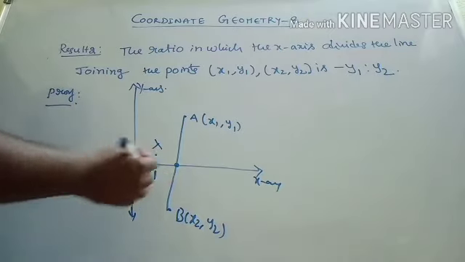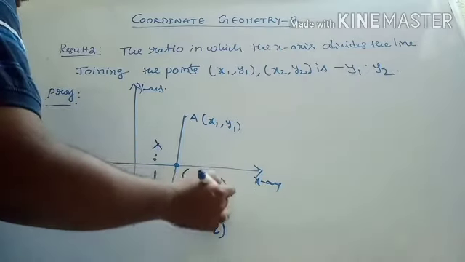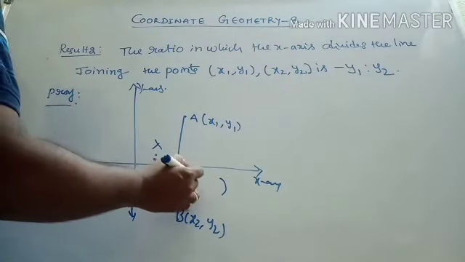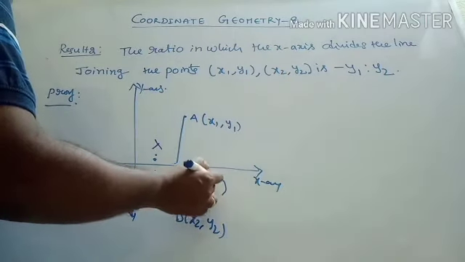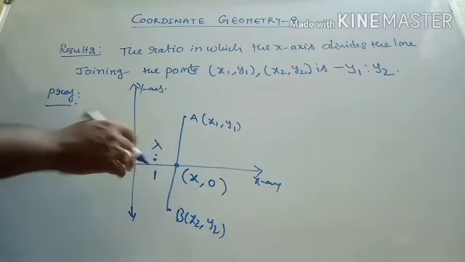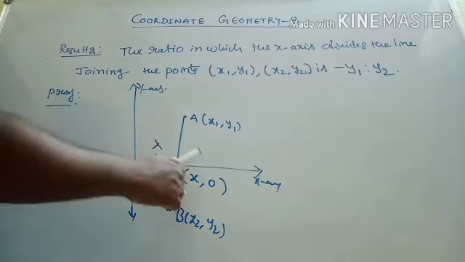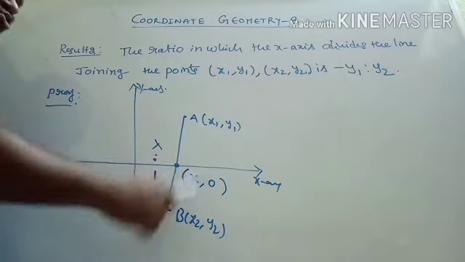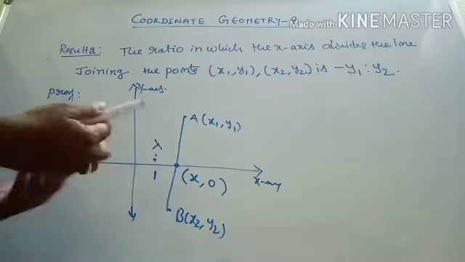Now, my dear students, on the x-axis any point will be of the form (x, 0). So we will get the y coordinate and equate it to 0, and from that we get the result.